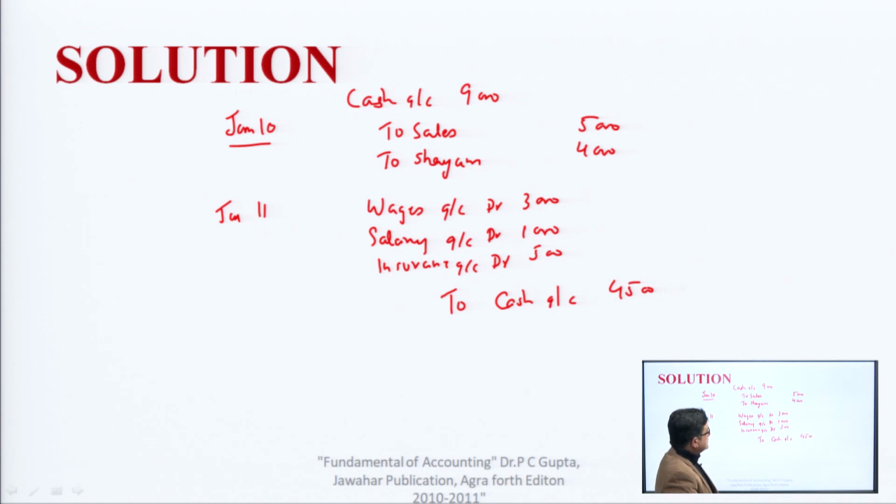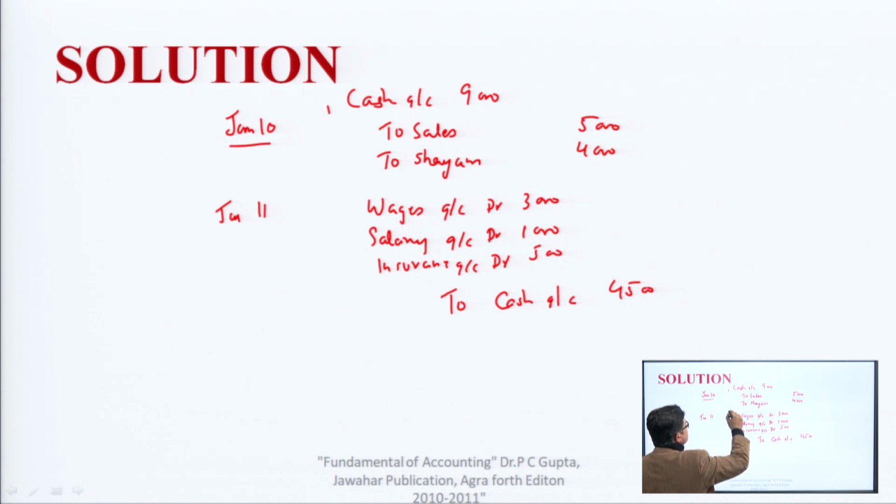So, dear friends, this is the journal entry, and from this journal entry we are going to create a ledger. First we find out how many ledgers can be created from here.